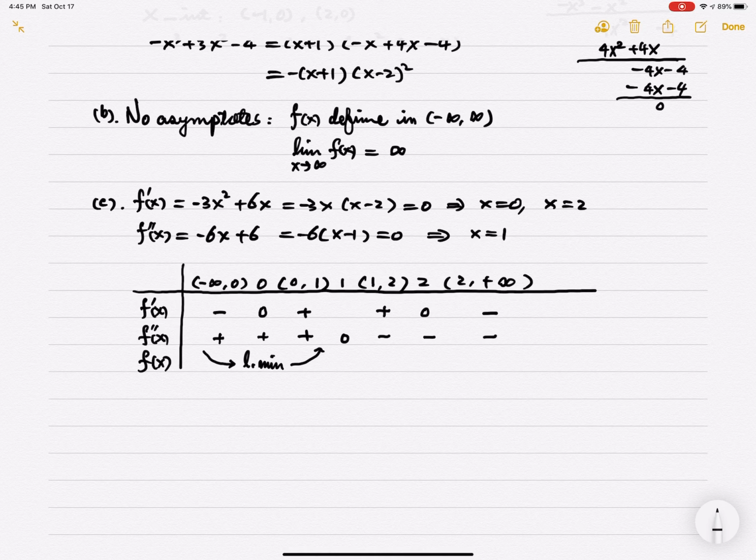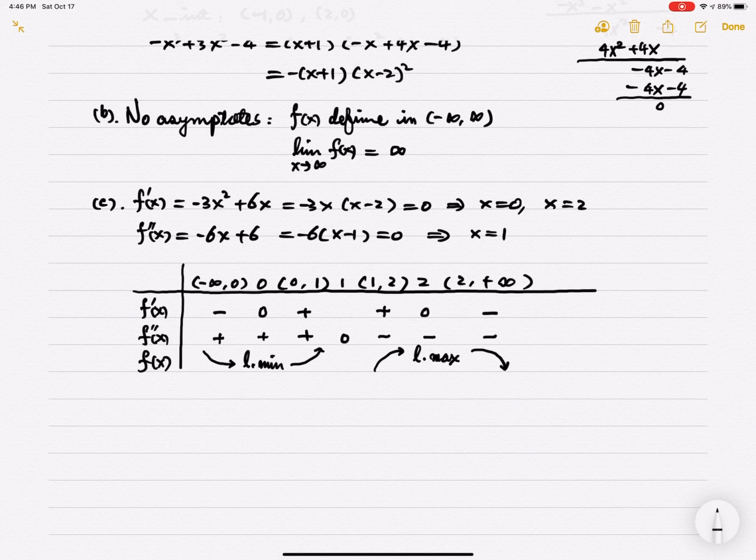Now, from 1 to 2, the function is increasing concave down, because the first derivative is positive, so increasing, and the second derivative is negative, so concave down. Now, from 2 to positive infinity it is decreasing, because the first derivative is negative, and concave down, because the second derivative is negative. Then from increasing to decreasing, we have a local max.